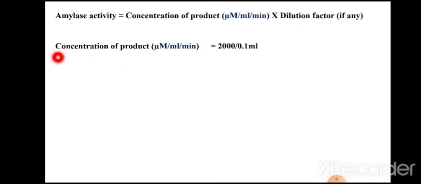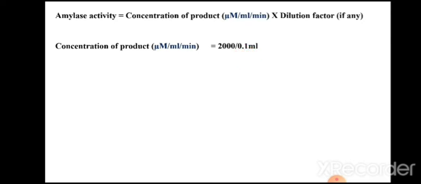Now from graph, what we have calculated is the concentration of the product is 2000 micromoles. Now the quantity or the sample which we have taken is 0.1 ml. So amylase preparation was taken in 0.1 ml.